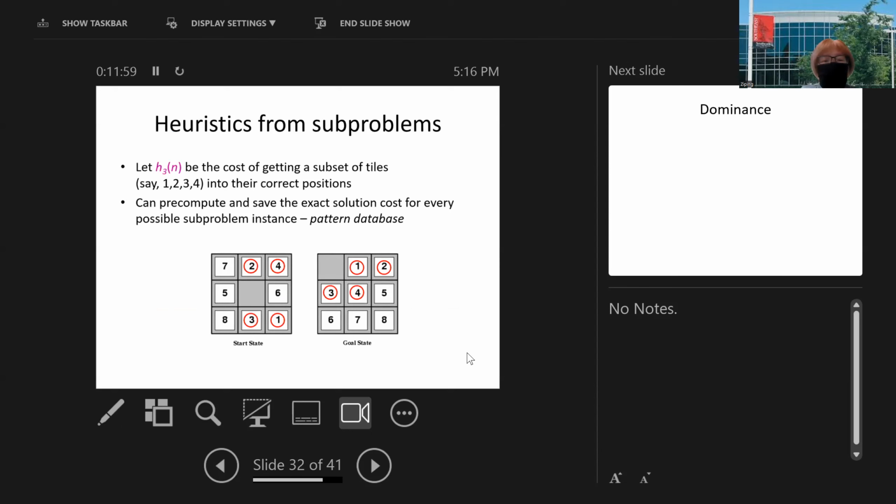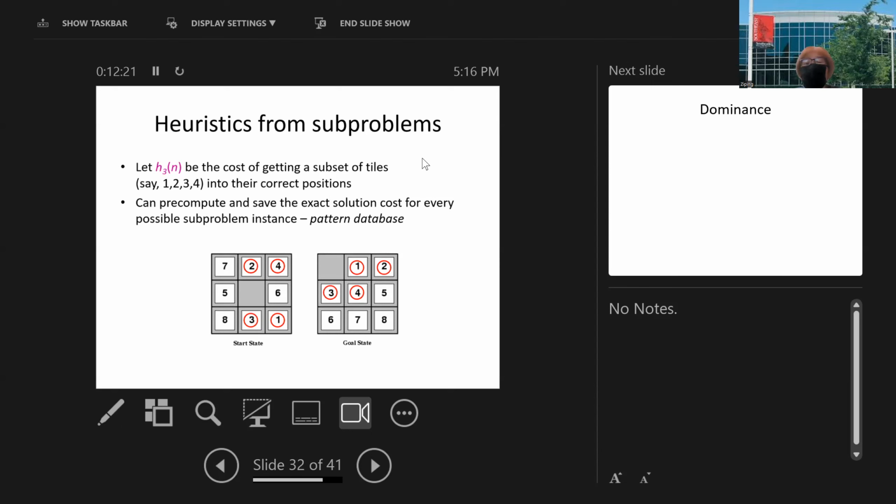So further discussion about heuristics from sub-problems. Here it says for the eight puzzle, we can also give H3. H3 is the cost of getting a subset of tiles into their correct positions.